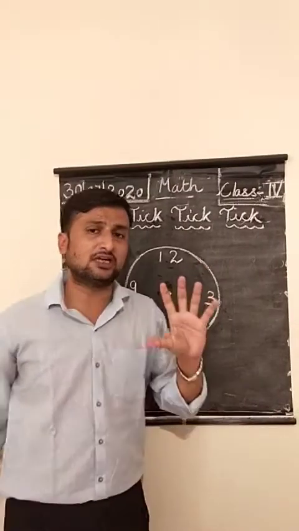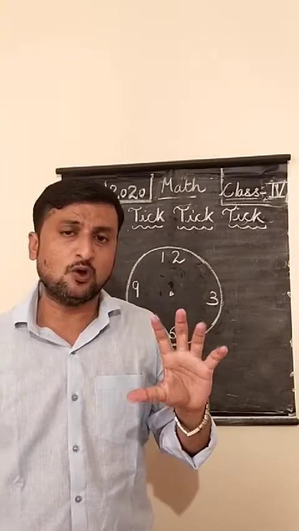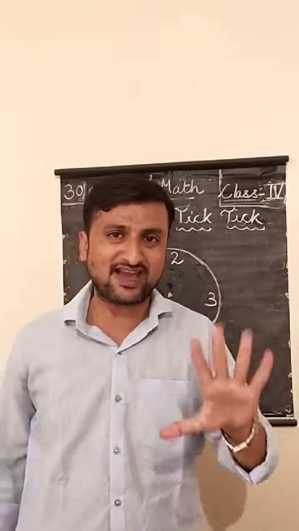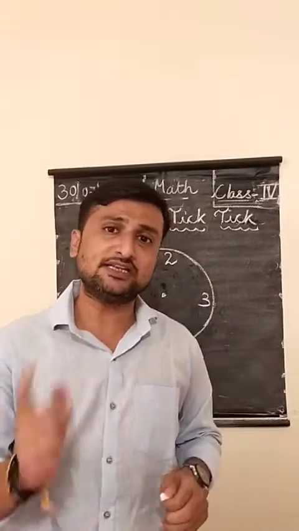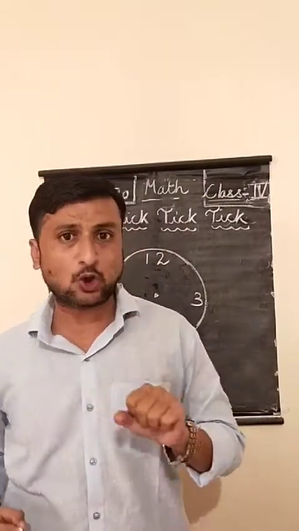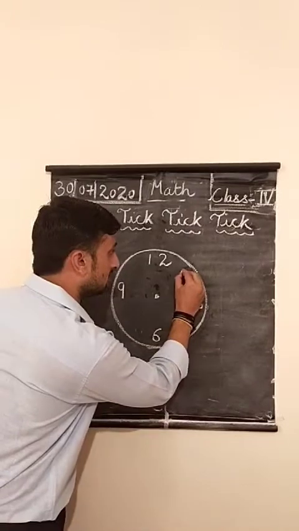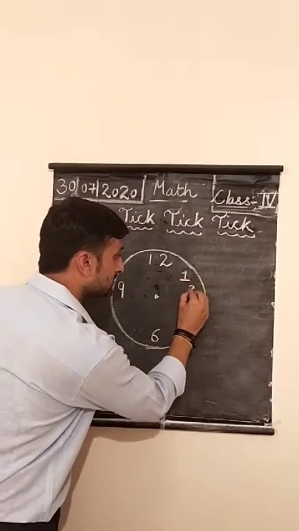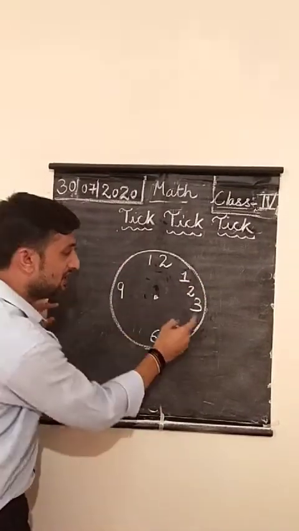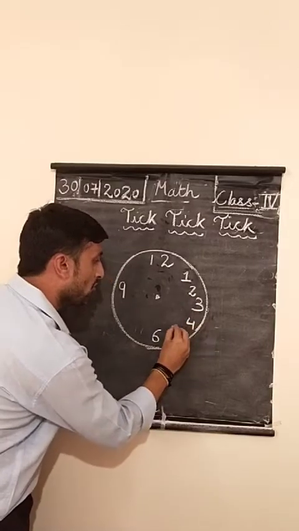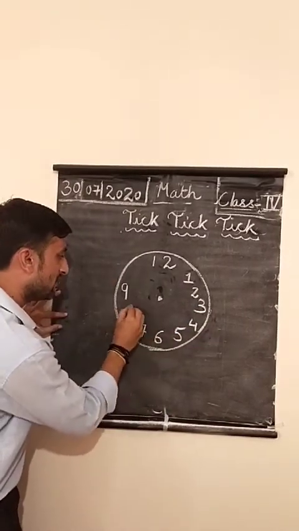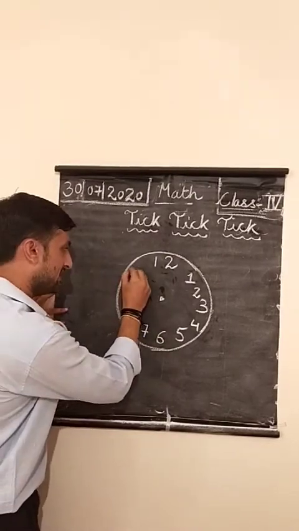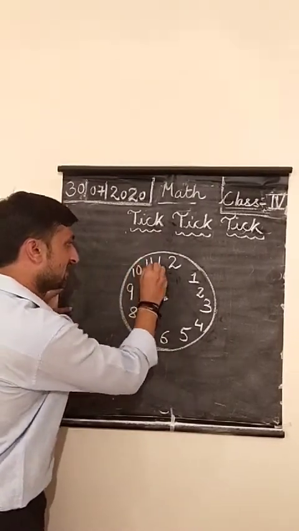You know that 12 numbers come here: 1, 2, 3, 4, 5, 6, 7, 8, 9, 10, 11, 12. That's why it is called 12-hour timing in an analog clock. Now we will write here 1, 2, 3, 4, 5, 6, 7, 8, 9, 10, 11.